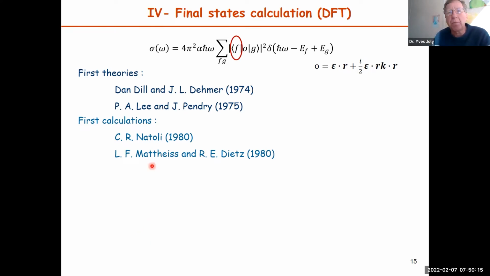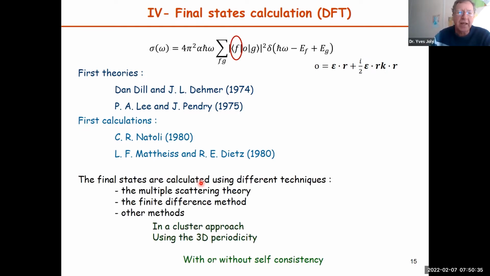So what is complex, in fact, in our approach, using DFT, is to calculate the final state. It can be done in different ways. It has been known for a long time, since the 70s, more or less how to do that, and after that we had a lot of improvement. The first calculations are from the 80s, by Natoli principally. Now, for the way to calculate this final state, you can use all the ways you can.